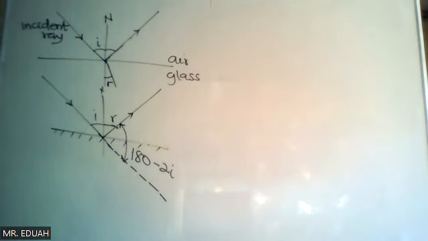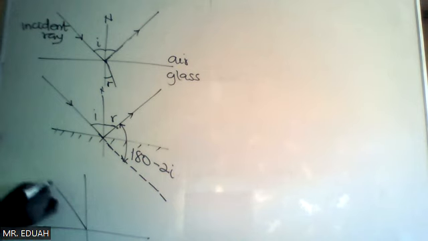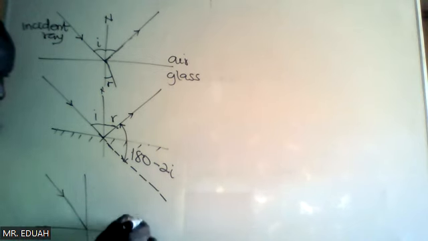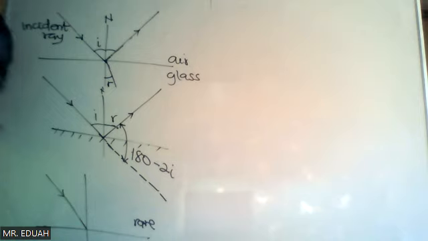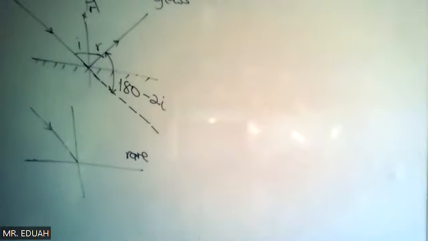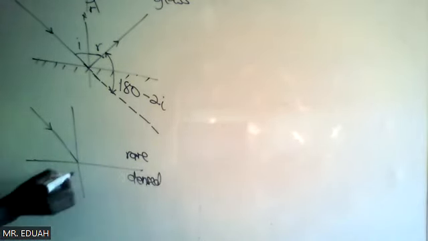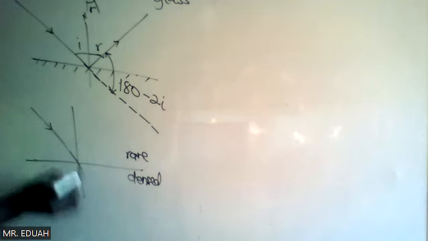Under refraction, this is the normal, and light is moving from a rare or less dense medium to a denser medium. It will be deviated towards the normal.